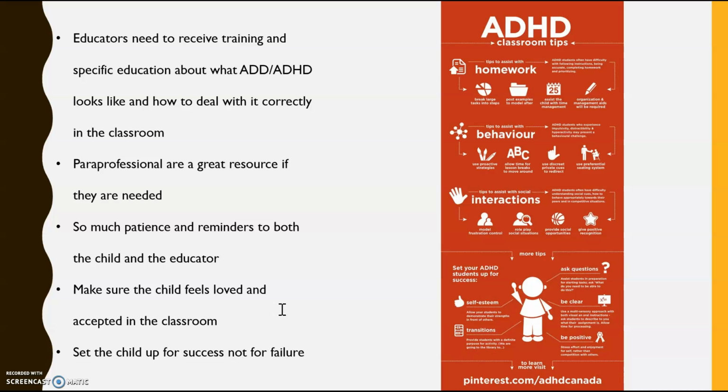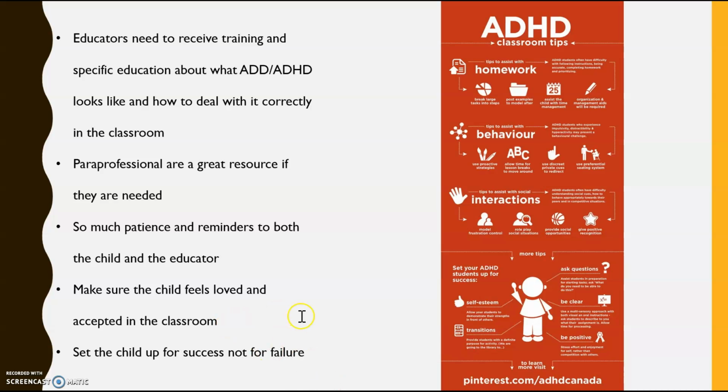So really making sure that all of your students, not just students with ADHD, feel loved when they come into your classroom and feel like it's a safe place where they are able to freely express themselves no matter what, and that it's a healthy learning environment.